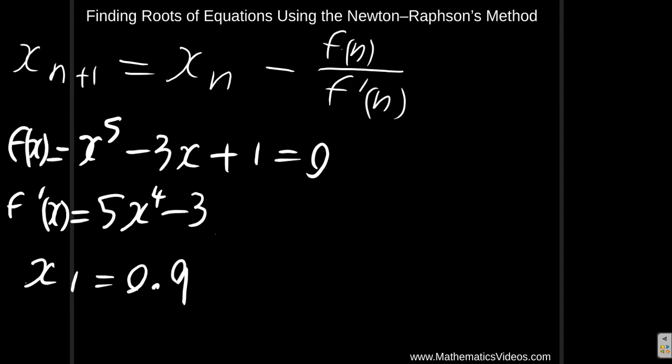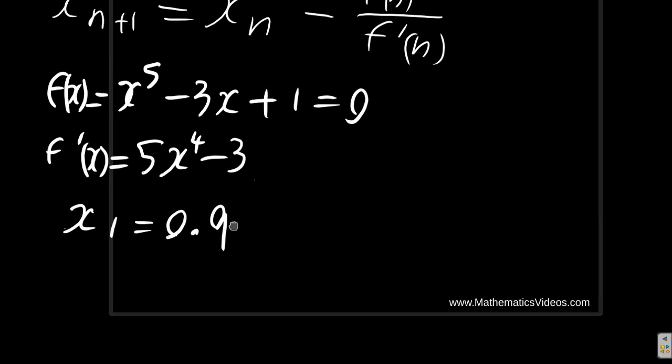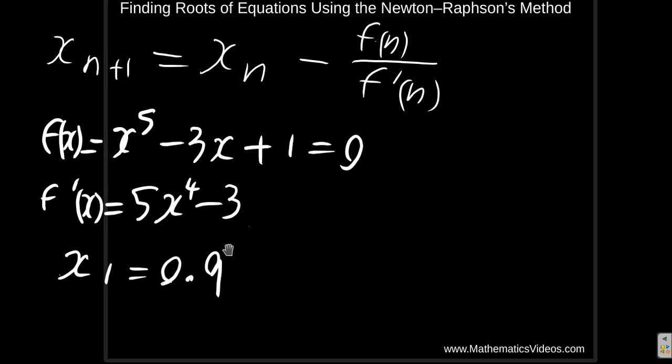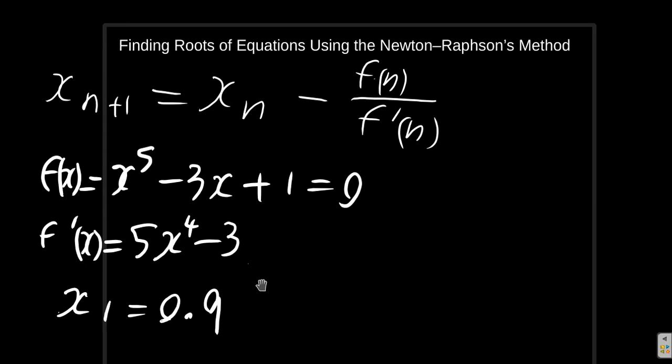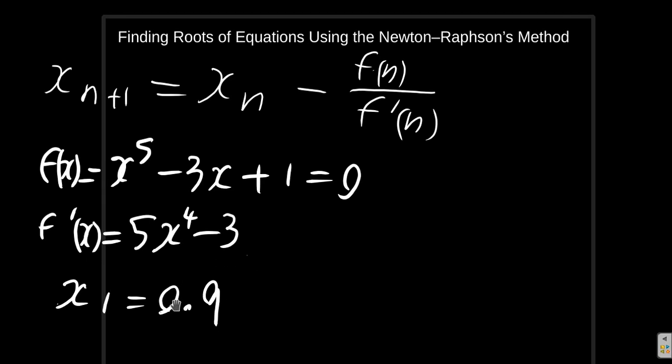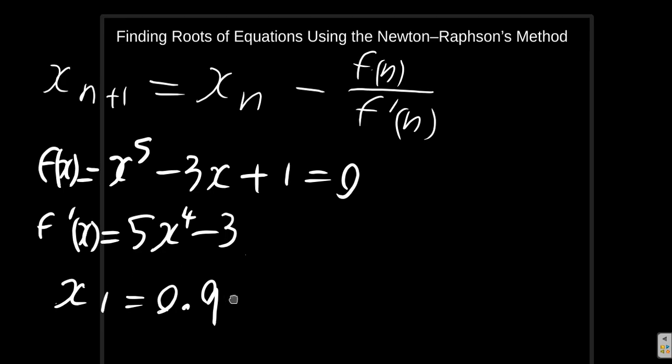Some persons might say x0, and that's where we start. If you prefer to use x0, no problem. You would just start with x0, then go to x1, x2, and so on. Here, x1 is the first estimate that we have.